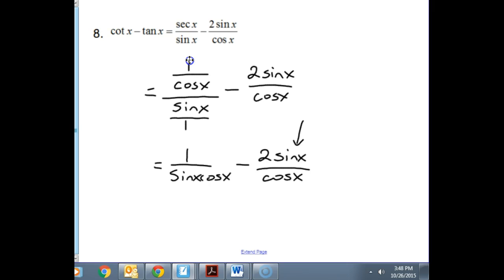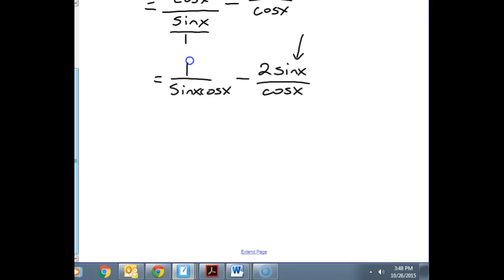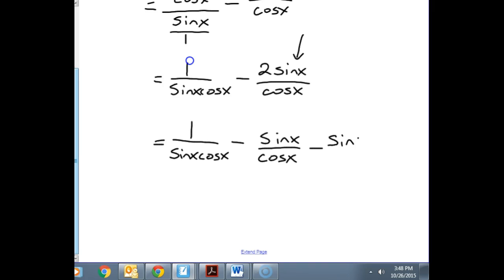So 2 sine x over cosine x is the same thing as actually saying 1 over sine x cosine x minus sine x over cosine x minus sine x over cosine x. Right? I mean, because there's just 2 of them.